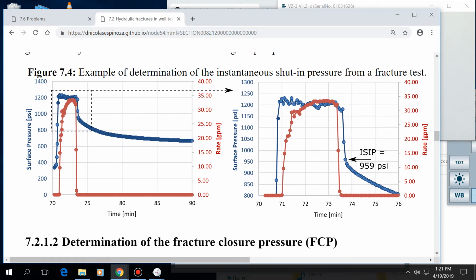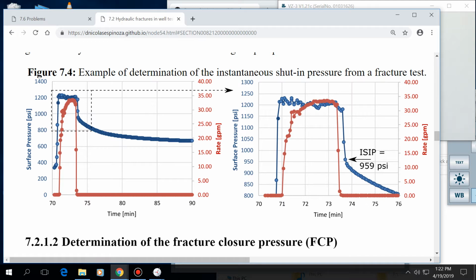So here you see you have the two axes, and one is for surface pressure, the other one is for rate. Again, if you put it on a secondary axis, then you can adjust these two axes to show the plot more or less in the same scale.